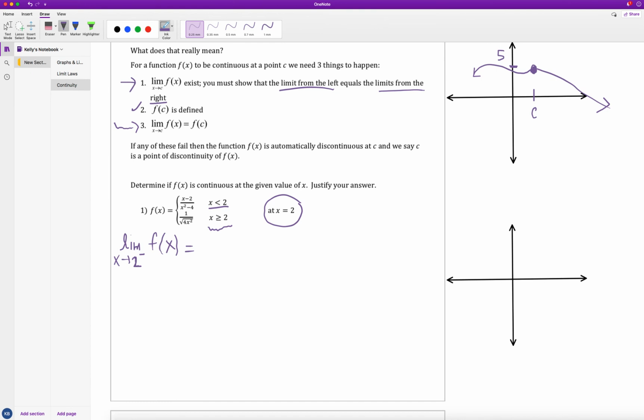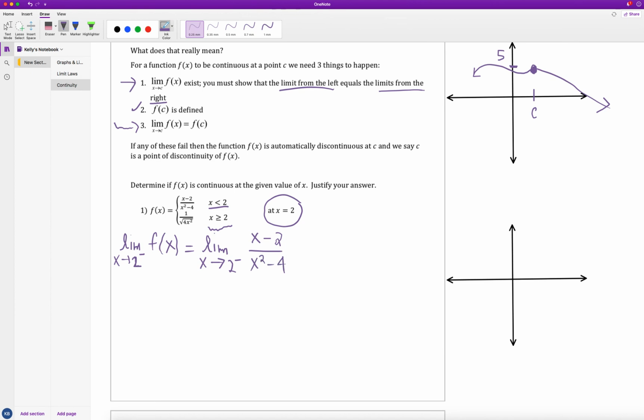Well, if I go back to a graph and I think about the left-hand side, we're looking at values that are smaller than it. So I want to take the top piece of it because it's where x is less than 2, and if I'm less than a value, I am to the left of it. So for us, that means we're really looking at the limit as x approaches 2 from the left-hand side of x minus 2 all over x squared minus 4.